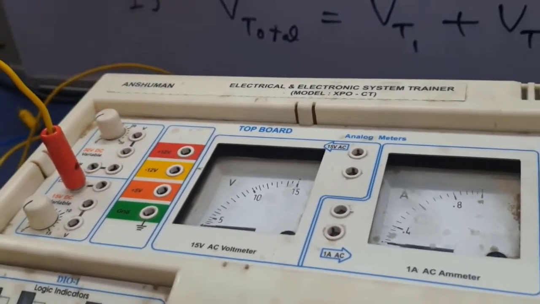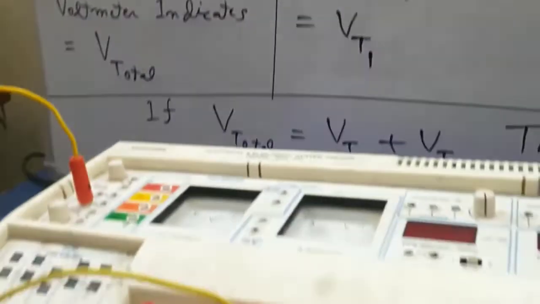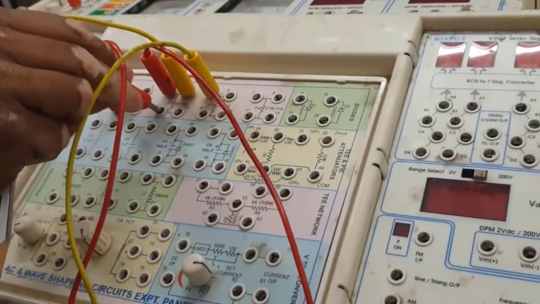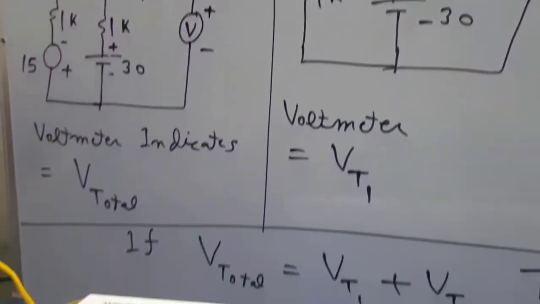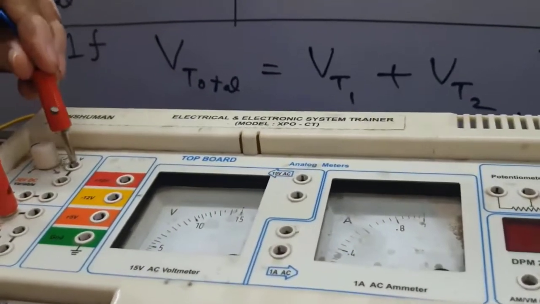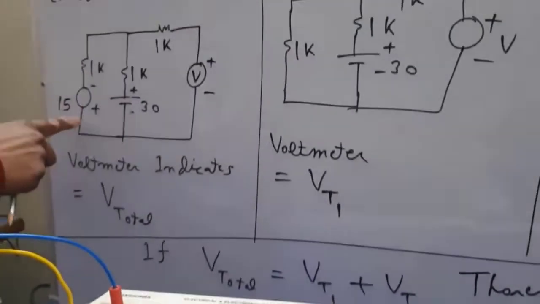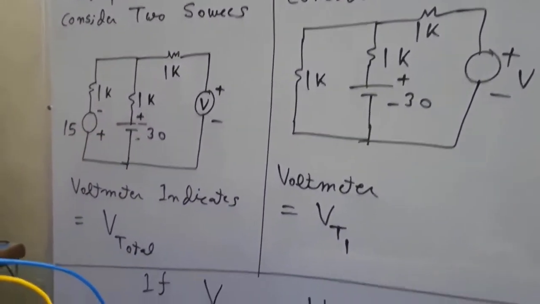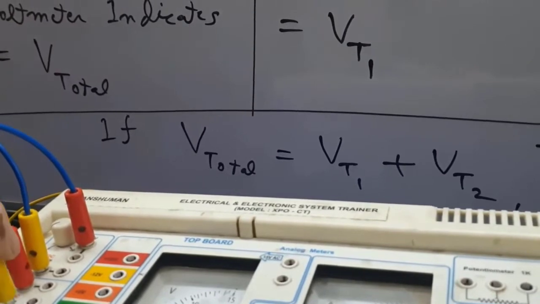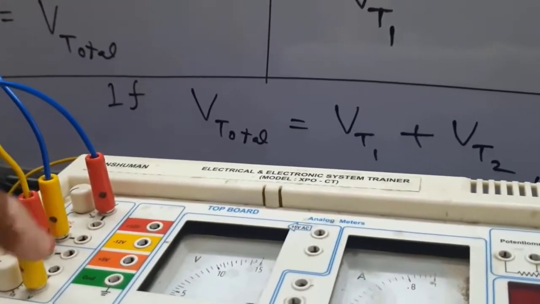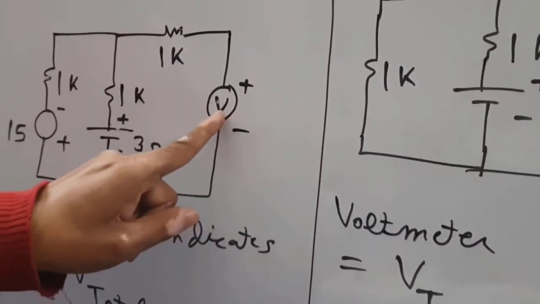Similarly, this second 1K is connected to the plus terminal of the 30 volt source. These plus and minus terminals are connected. Second, we connect a voltmeter.